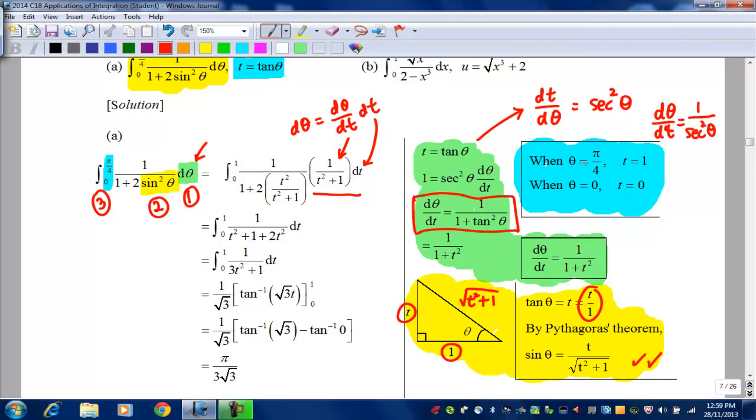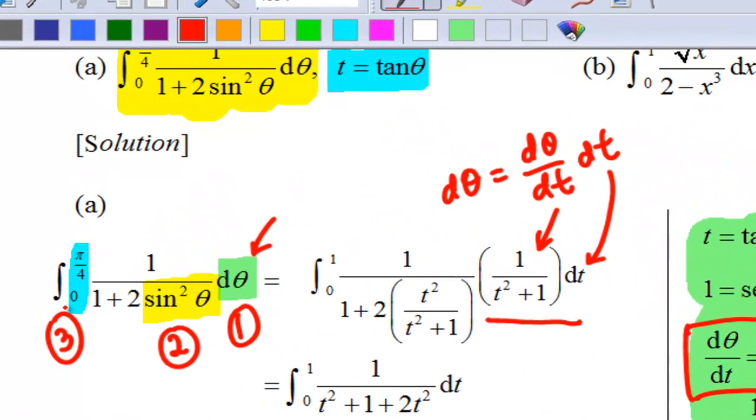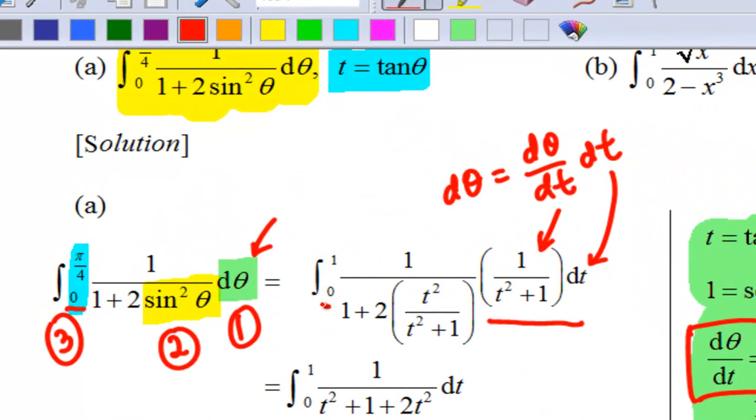When theta is pi over 4, t being tangent theta will give us 1 because tangent pi over 4 is 1. And when theta is 0, tangent 0 is 0. Therefore t equals 0. So change correspondingly: when theta is 0, t is 0. When theta is pi over 4, t is 1. That's how we change the lower limit and the upper limit.